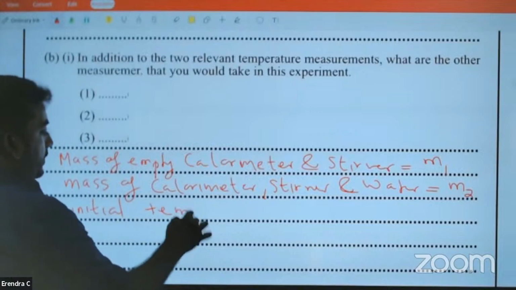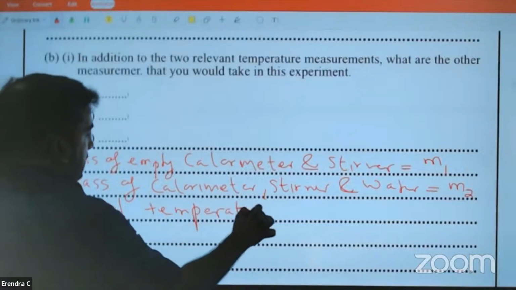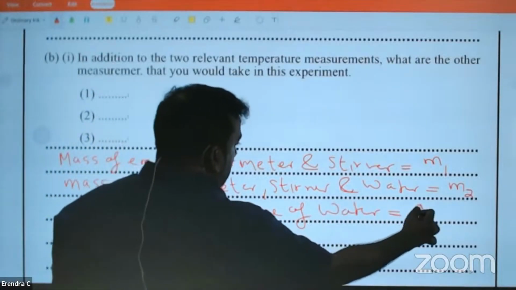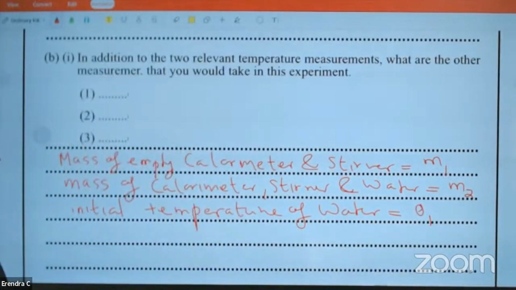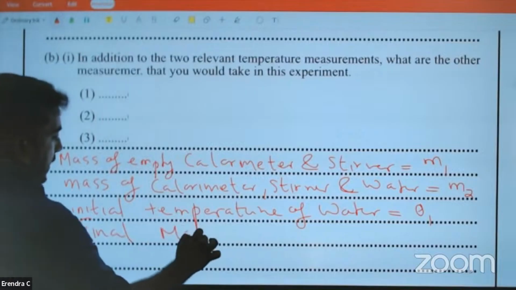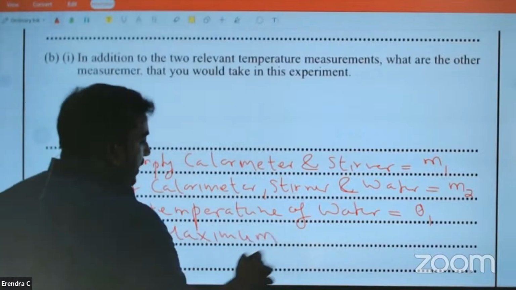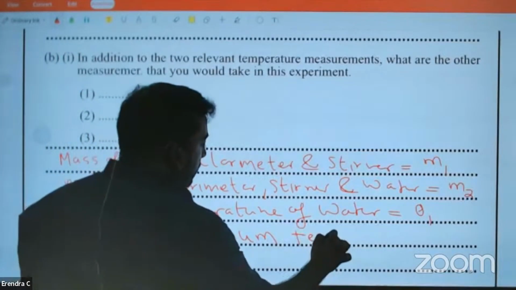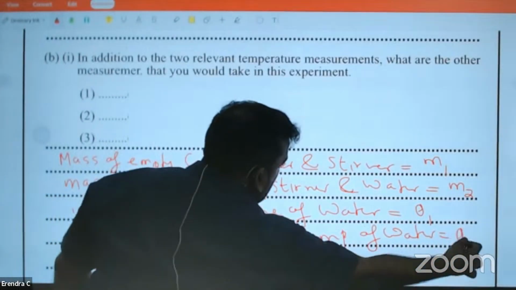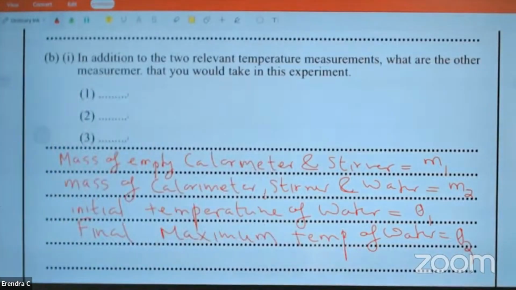Initial temperature of water. We start 5 degrees below room temperature. Send in steam. Final maximum temperature of water. The word maximum must come. Theta 2, final maximum temperature of water.